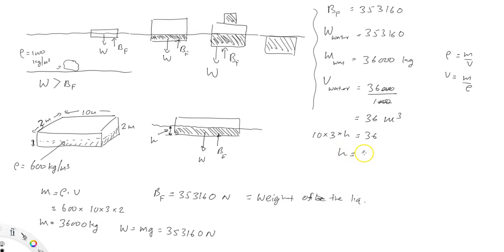So H is 36 over 30. So what is 36 over 30? 1.2. 1.2 meters will be underwater. If somebody asks how much above the water, it will be 2 minus 1.2, right? 0.8.